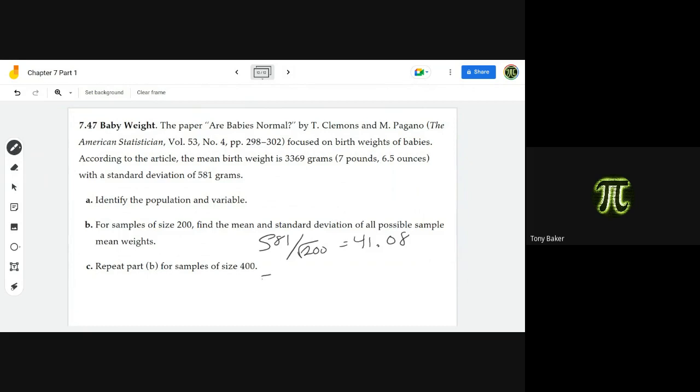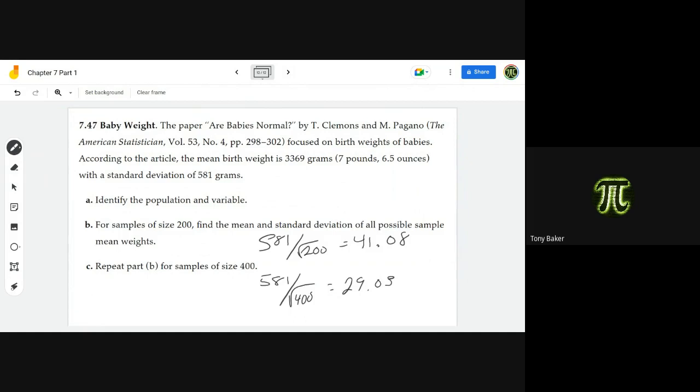And then if we did a sample size of 400, the mean stays the same, so I didn't write down the mean. If we just looked at 400 babies, we're within 60 grams of the actual weight.